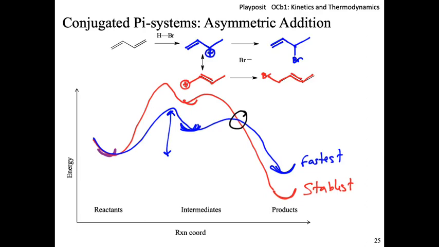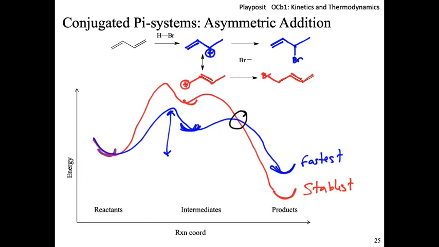That all depends on the conditions of our reaction. Those conditions really hinge on the energy necessary to clear our activation barriers. If we heat this reaction up, we've got enough energy that we can clear the activation barrier for the red one. Once I form red product, because it is so stable, I cannot reverse that reaction.